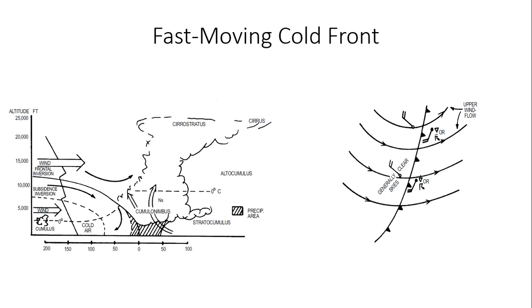And the graphic on the right shows that we now have upper level flow which is more perpendicular to this front. You notice how the winds are from the northwest, and that more perpendicular upper level wind component is going to push the cold front much quicker through an area, and that's the push that these need to be considered fast moving.